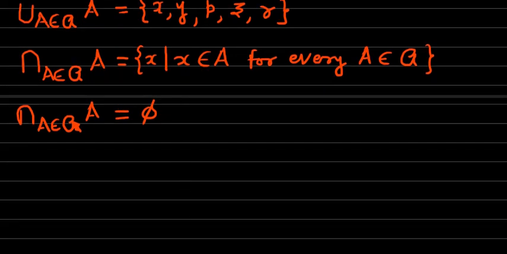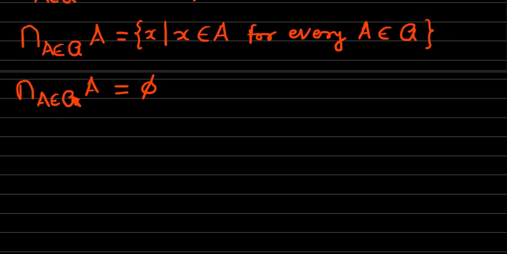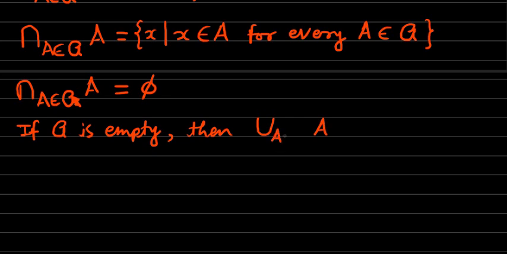It is clear, as I will mention here, that if script A itself is empty, then the union of A over A belonging to script A is obviously the empty set.